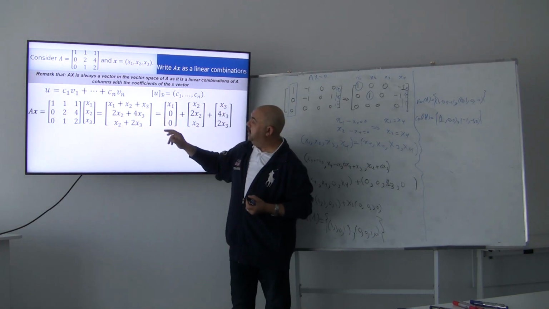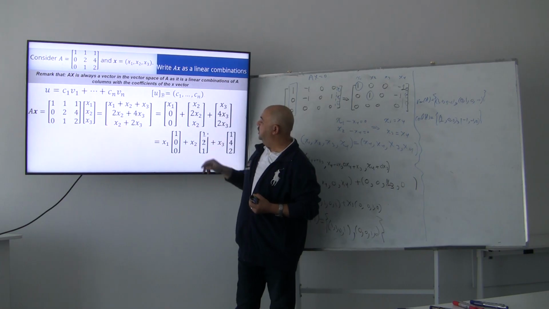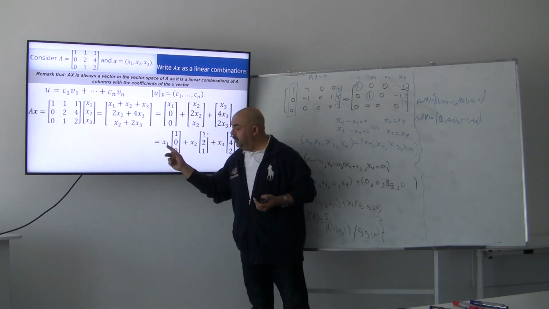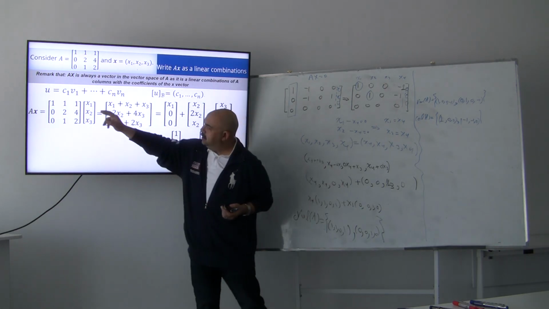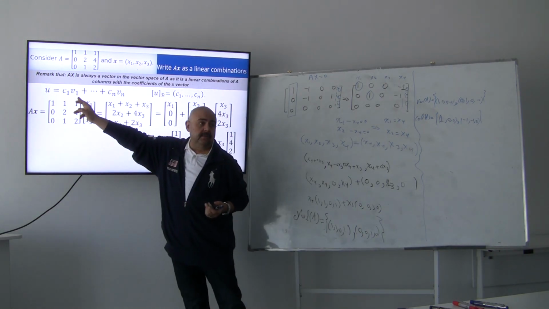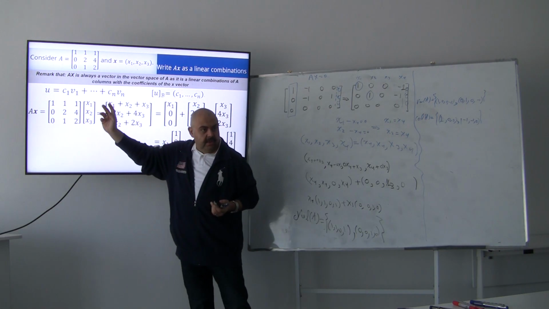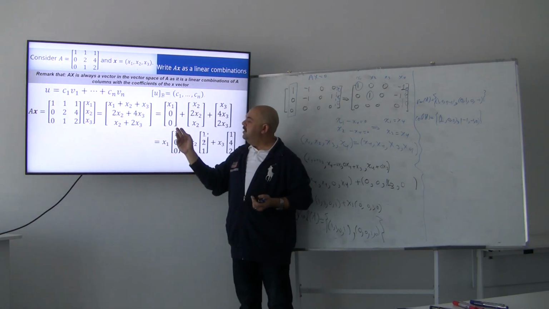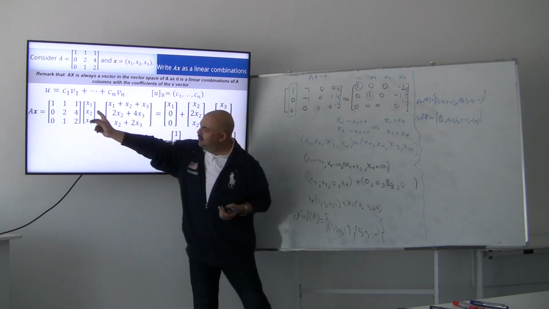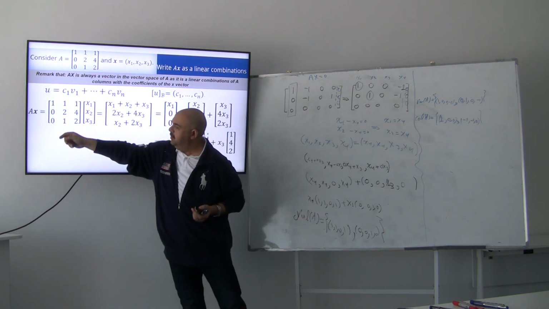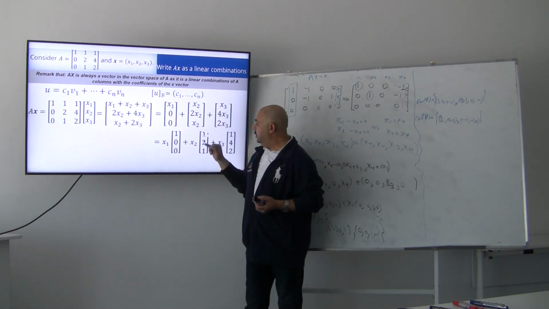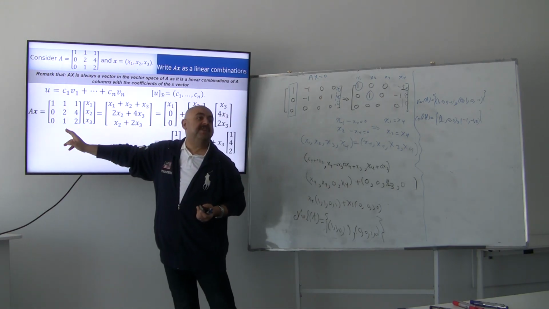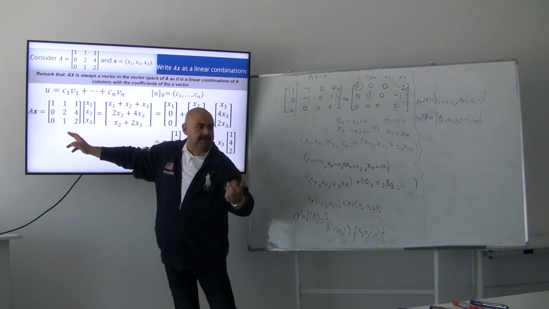I can take x1 as a common factor, x2 as a common factor, and x3 as a common factor. Look at this x. It's a coordinate. It's exactly like this one: C1 times V1, plus C2 times V2, and so on. This is C1, which is x1, times the first column in the matrix, plus x2 times 1, 2, 1, which is the second vector in your vector space.